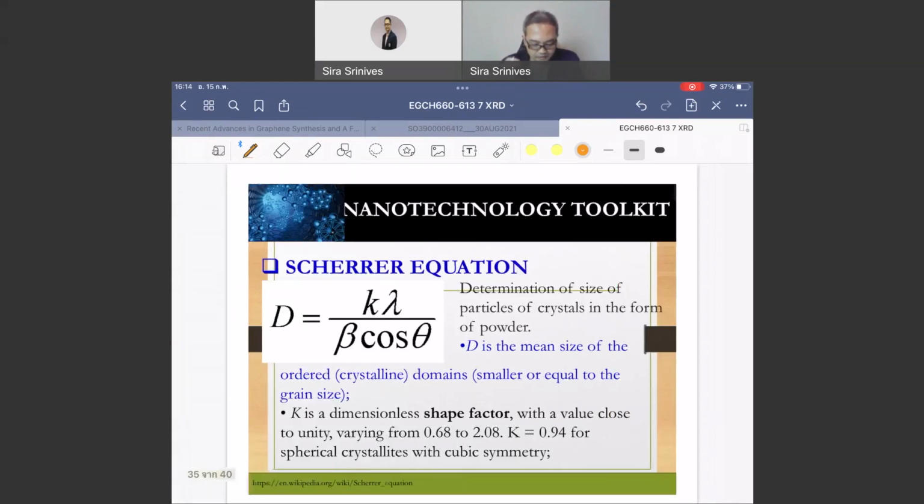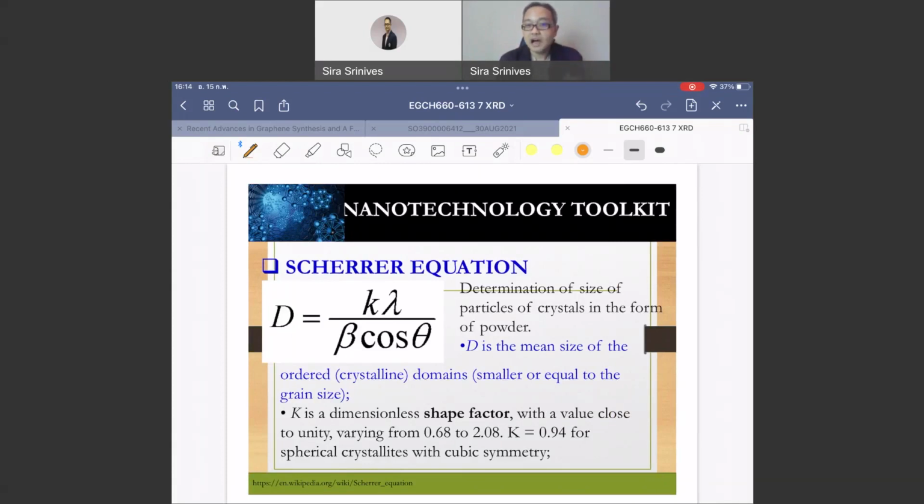So that's where the Scherrer equation comes from. But it is only accurate if the grain size that you determine, the number that you obtain in the end, is less than 200 nanometers. If the number that you obtain in the end is bigger than 200 nanometers, the Scherrer equation can no longer be applied.